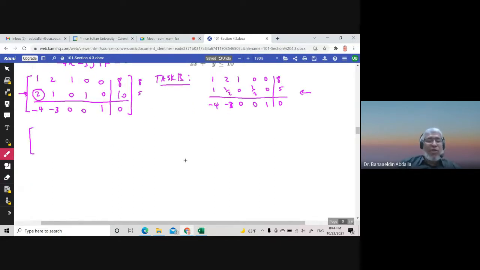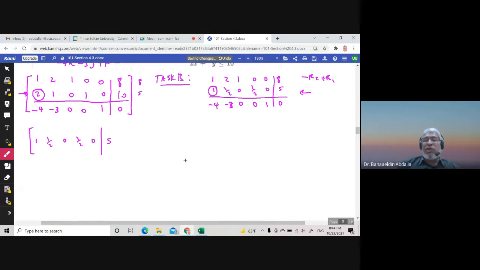Now I will reach the matrix. I have 1, half, 0, half, 0, 5 in the second row. Second row is not changing. And now this one has to be 0. So negative R2 plus R1 will make it 0. This is the pivot entry.